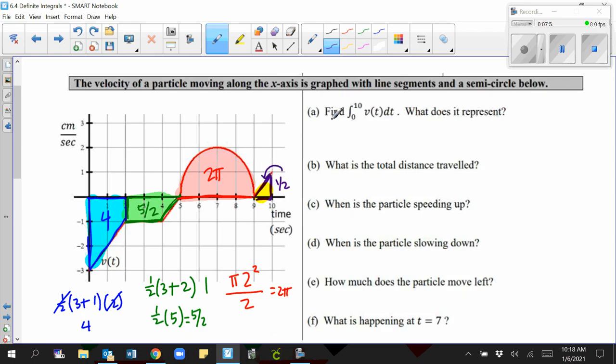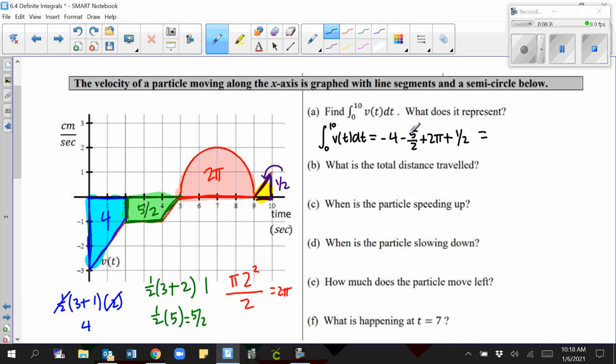So if I'm trying to find that whole integral, I'm going to add all these together. But remember, if they're below the x-axis, they're negative, and if they're above the x-axis, they're going to be positive. So when I'm finding my integral from 0 to 10 of v of t dt, it's going to equal a -4, -5/2, a positive 2 pi, and a positive 1/2.